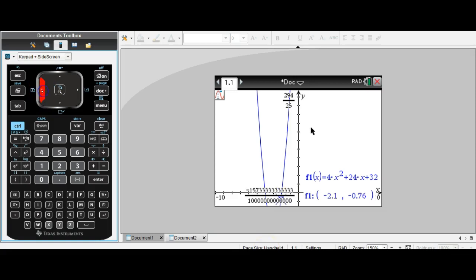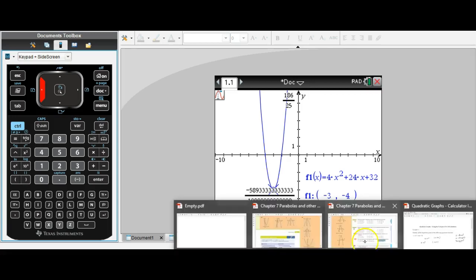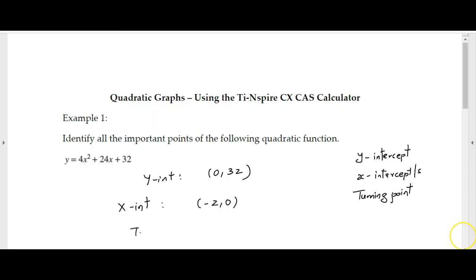As I keep going further, I get to my minimum, which is minus 3 and minus 4. The turning point is minus 3, minus 4.